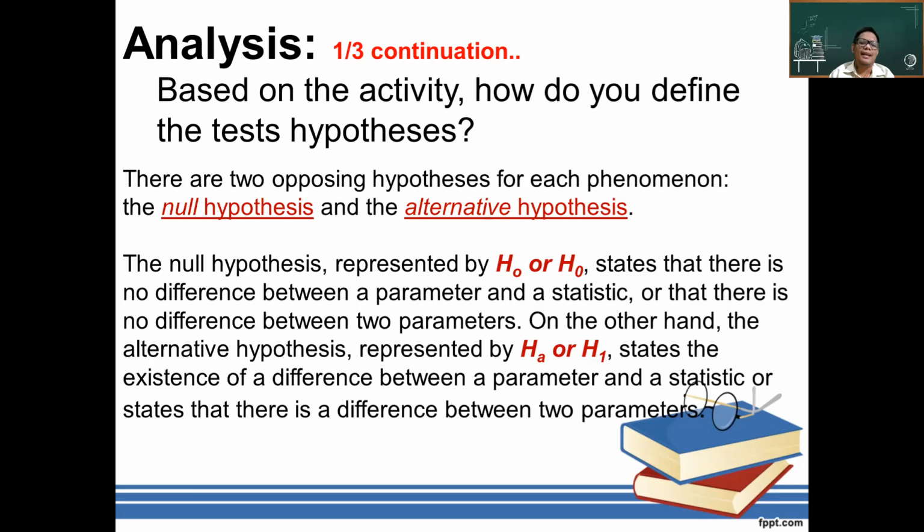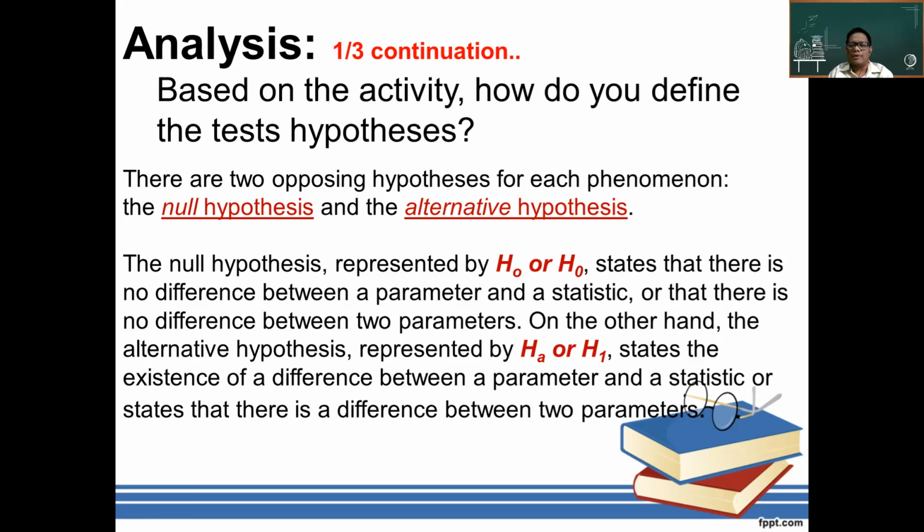When we say null, in our topic and at our level in grade 11, it is denoted by H sub O, correct, for null hypothesis. It states that there is no difference between parameter A and parameter B. So it means A and B are the same. That is why you can only use the equal sign.